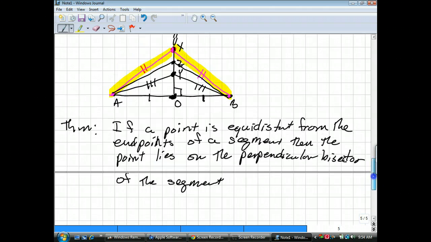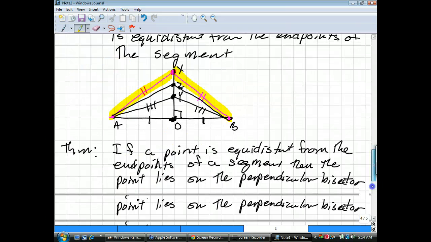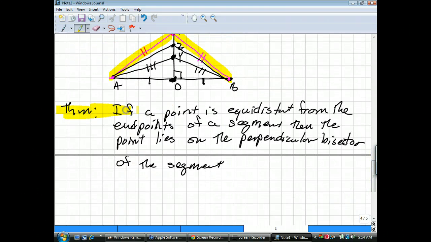Okay, so these two theorems, this one and its converse, are very important. We use those a lot.